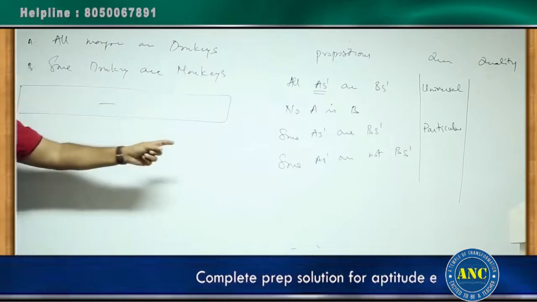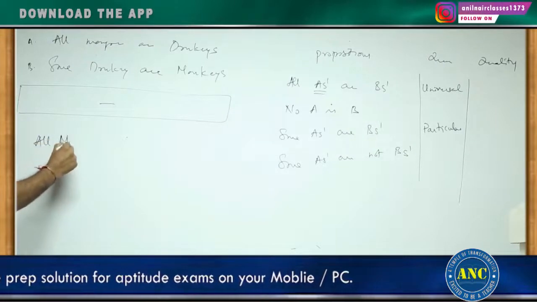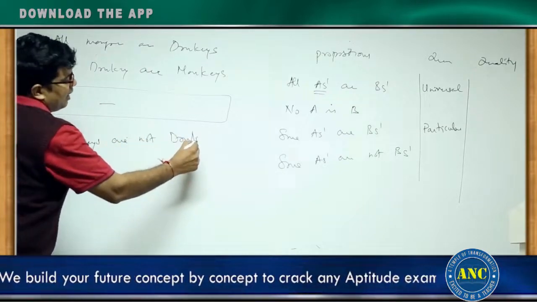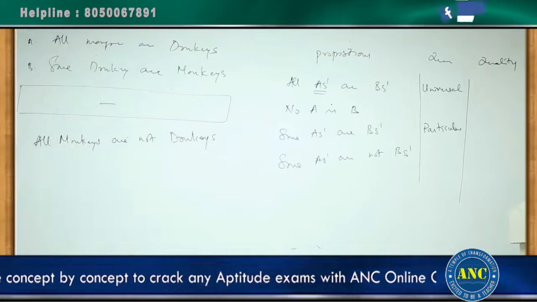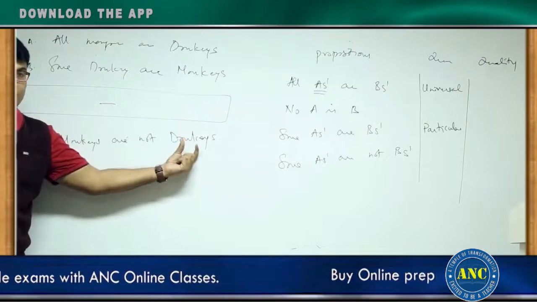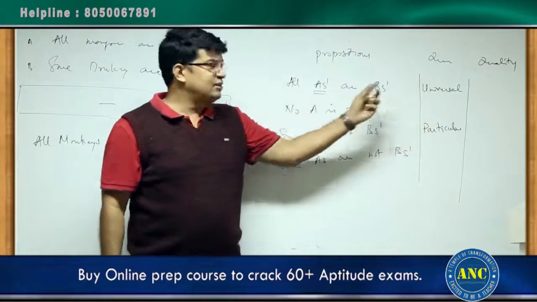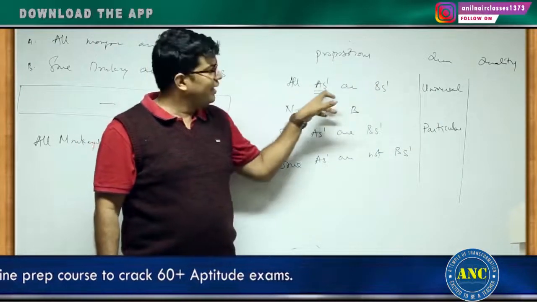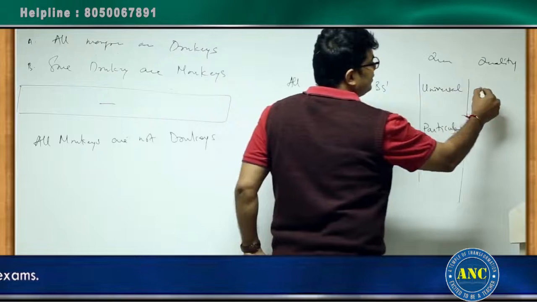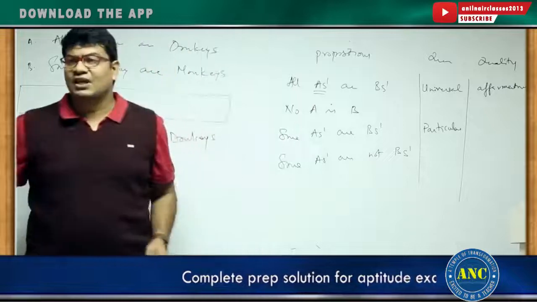So when I say some monkeys are not donkeys, or all monkeys are not donkeys, am I affirming here? No, I am negating something. From now on, when I say all A's are B's, it's universal, and it's also confirming that all A's are B's. So we'll define such a statement as universal affirmative.